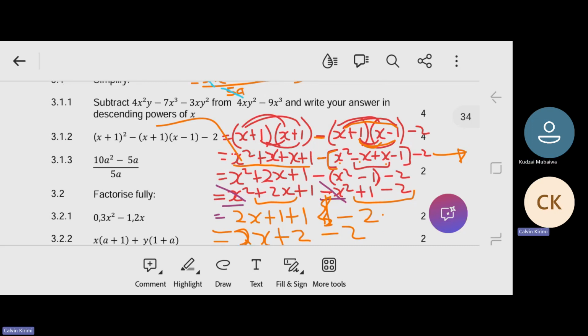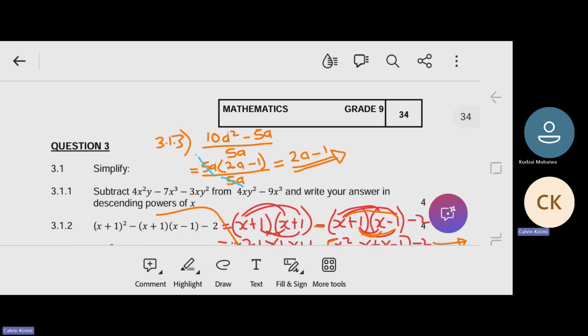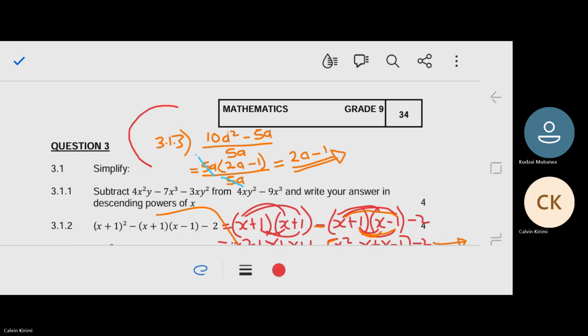But 3.13, isn't it the answer we did this one? So the answer, if you got 2a minus 1, is correct.